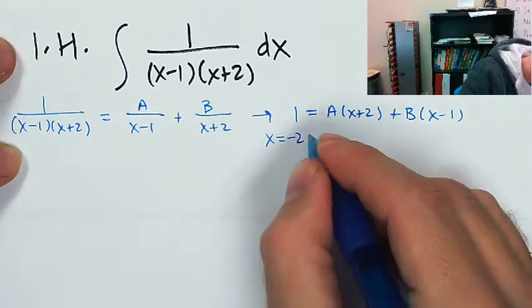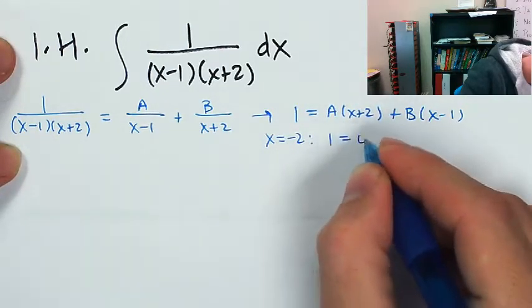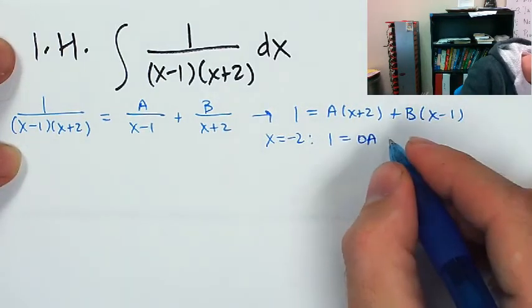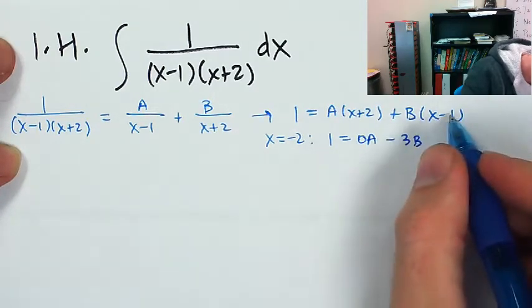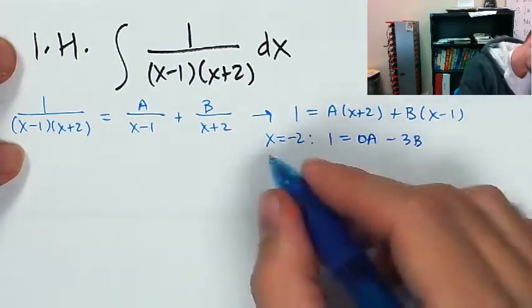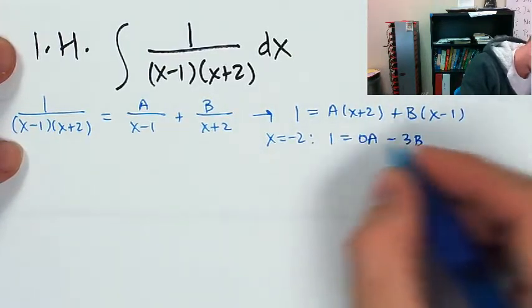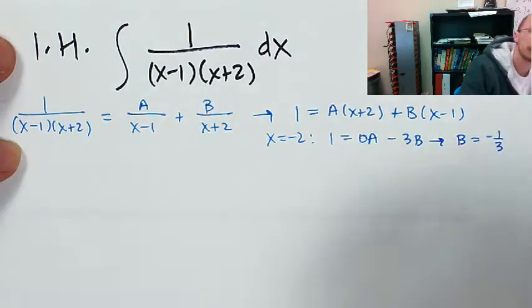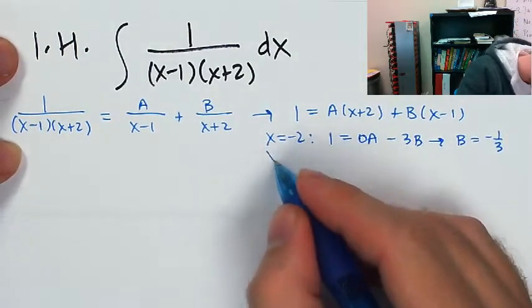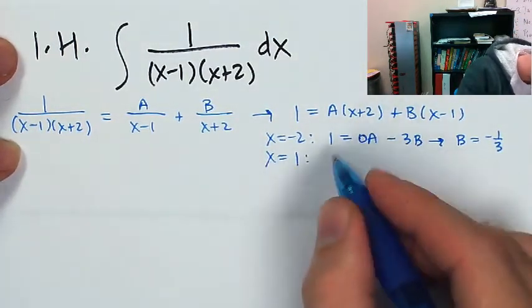When x is equal to negative 2, I get 1 equals 0a minus 3b. Right? Negative 2 minus 1 is negative 3b. Okay, yeah, I believe in that. So b is negative 1/3. Then I'm going to have x equals 1.